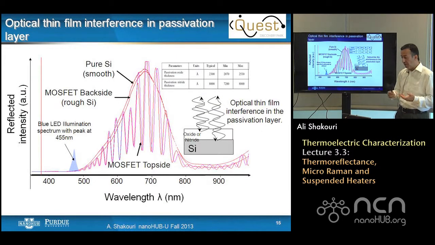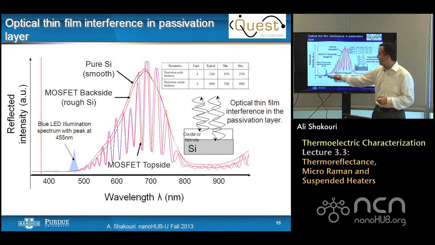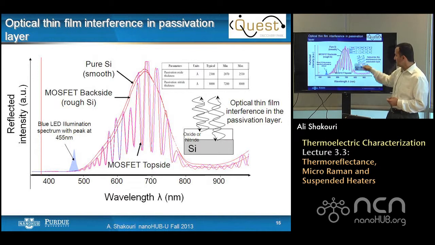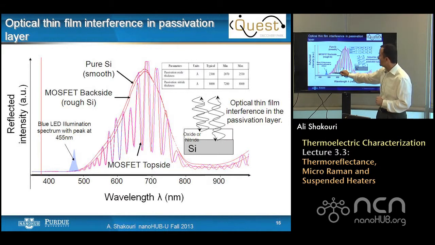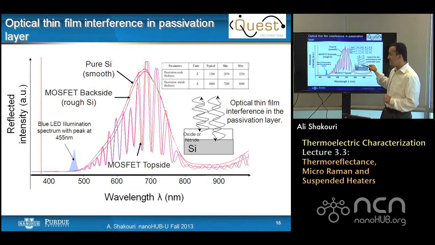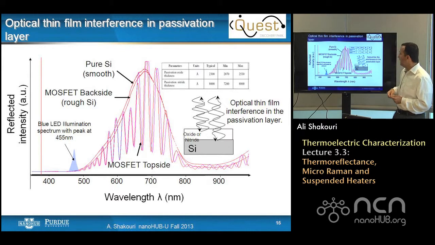Here are some of the measurement done on a piece of silicon with oxide or nitride. Here is the measured reflection versus wavelength. No change in temperature yet, and you can see that it's lots of oscillations. This constructive and destructive interferences come because of this dielectric layer. This is one way people actually measure thickness of dielectrics, by the color, how it looks like.